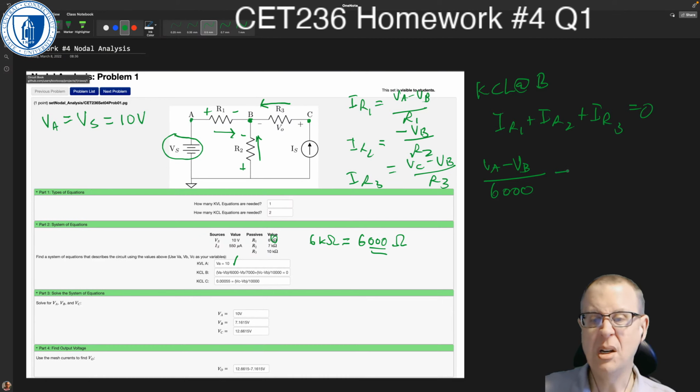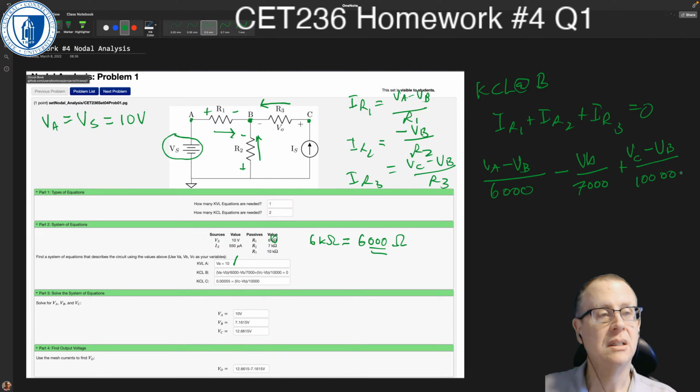So minus VB on, and R2 is 7,000, and then it's plus VC minus VB on R3, and R3 is 10,000, right? And that equals 0, right? And that's what I've got here, and that's correct.